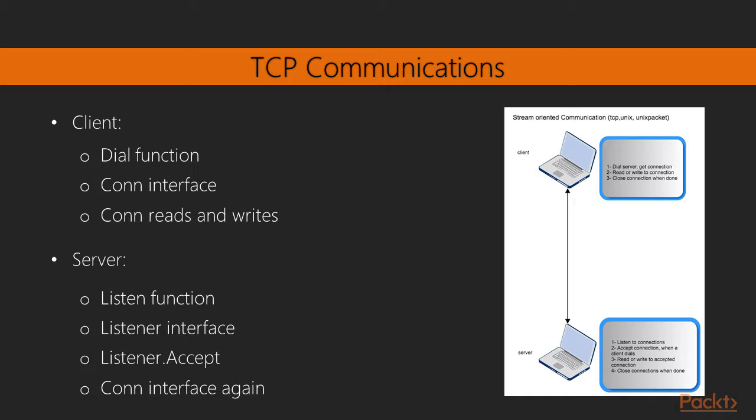And the Accept will then return a Conn interface again, which we can use to read and write as before, then close. So to summarize, at the server level, we listen to connections, then we accept connections when a client dials, then we read or write to the accepted connection as we please, and then at the end, when we are done using the connection, we close it.